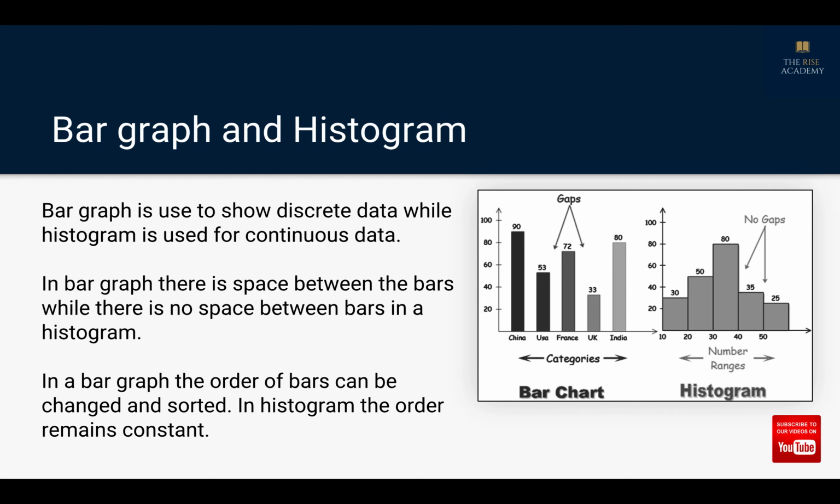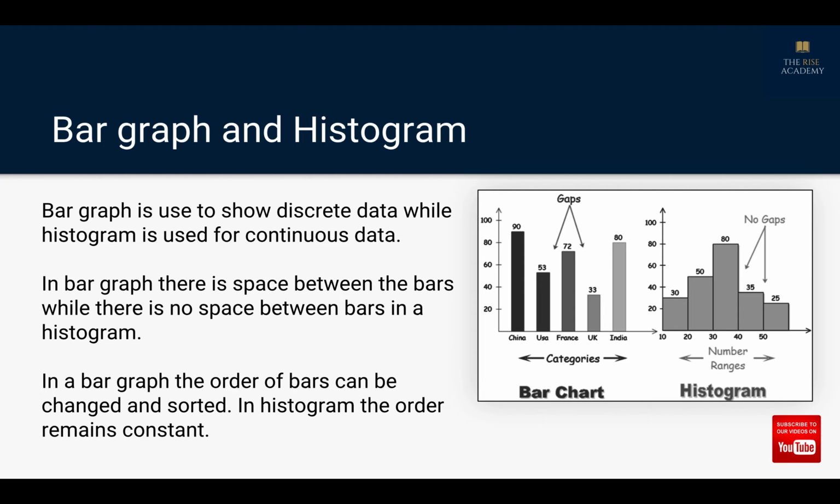And in a bar graph, the order of the bars can be changed and sorted. For example, on this picture, we have the bars ordered in China, USA, France, UK, India, but we can change this order based on some conditions.